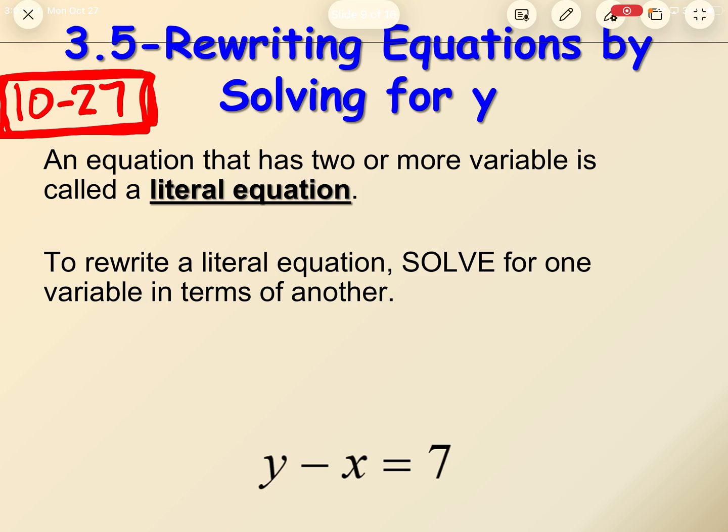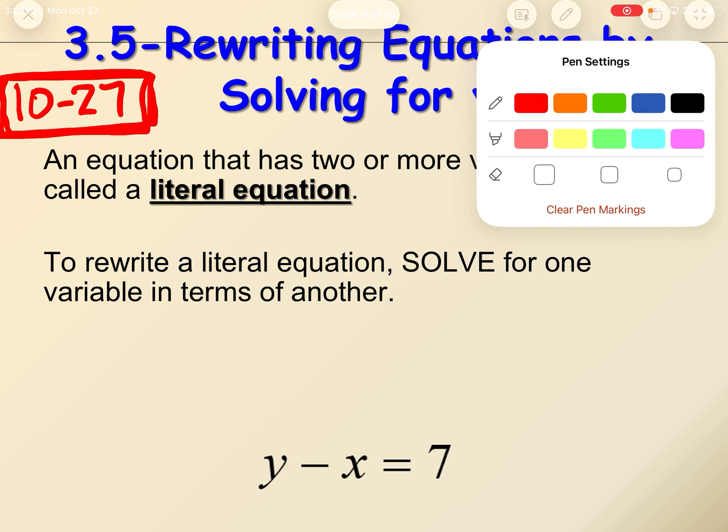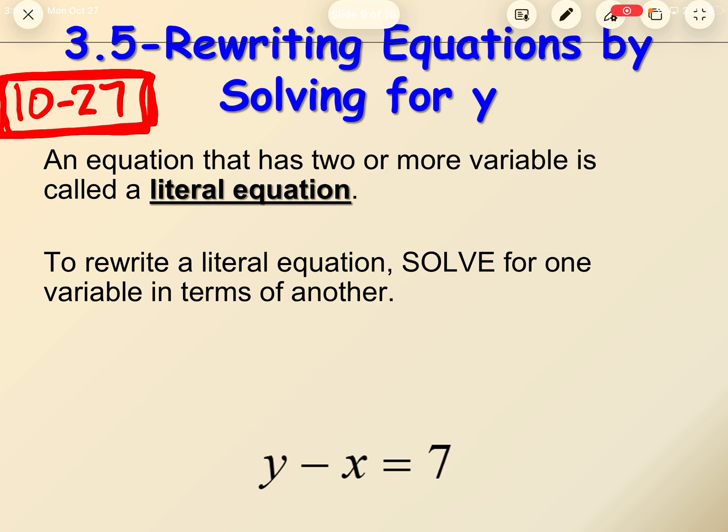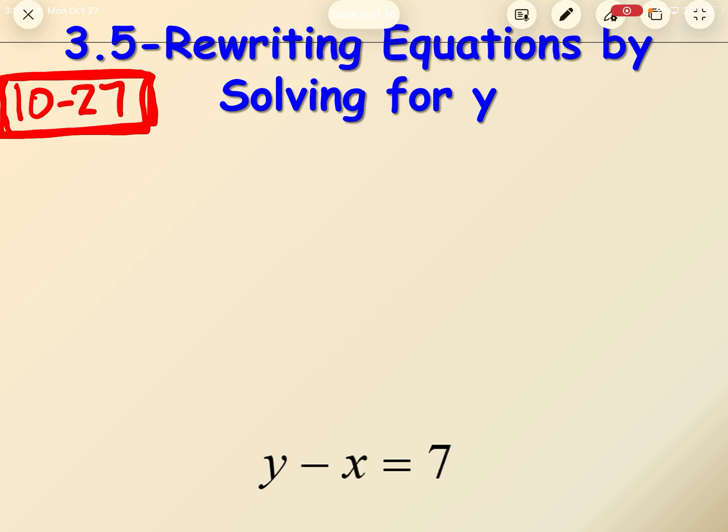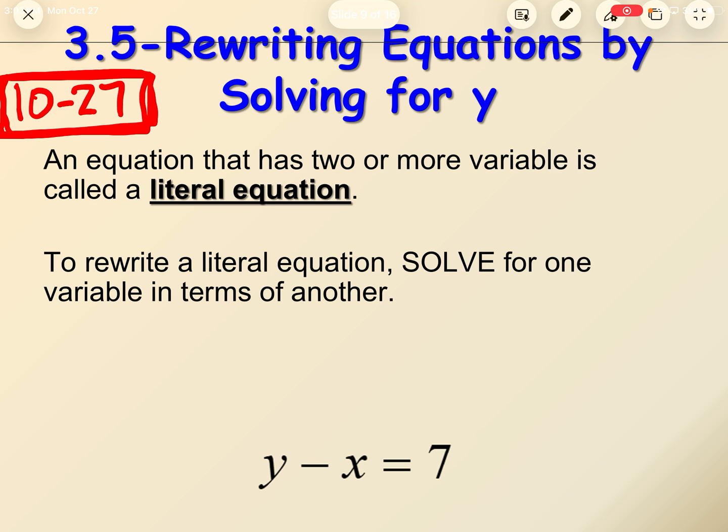To rewrite literal equations and solve them, we are going to... Sorry, come on. Sorry, I'm trying to get my pen to write, but it's not going to write at the moment. So let me get a stylus over here. You are going to solve for whatever is missing.